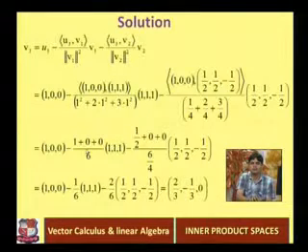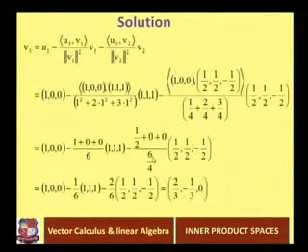The resultant value is (1 plus 0 plus 0) upon 6 into (1, 1, 1) as it is, minus the inner product of these two quantities, 1/2 plus 0 plus 0, in the denominator 6 upon 4, and v2 as it is, (1/2, 1/2, minus 1/2). The final resultant v3 is (2/3, minus 1/3, 0), and this resultant v1, v2, v3 are the orthogonal set.